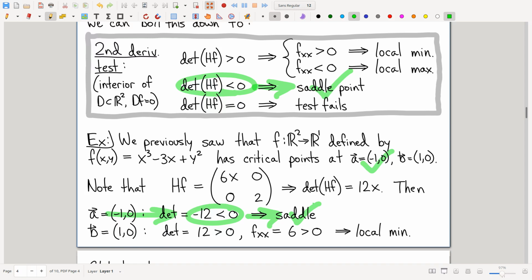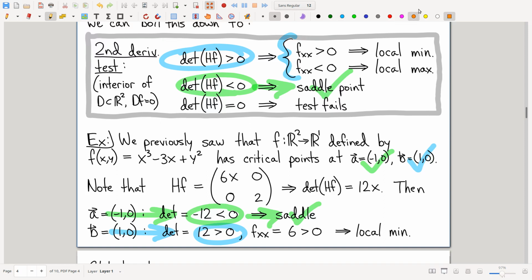Cool. Let's look at the other one here. Let's see, this point B, (1, 0). Plug that into your Hessian determinant. It's positive. That alone doesn't really tell you anything other than that I can proceed, because it's positive, to looking at fxx.